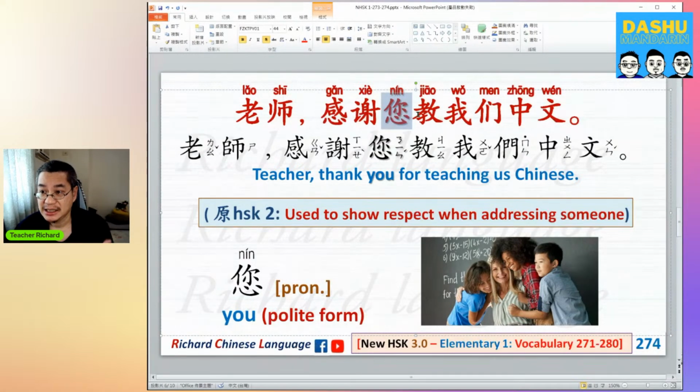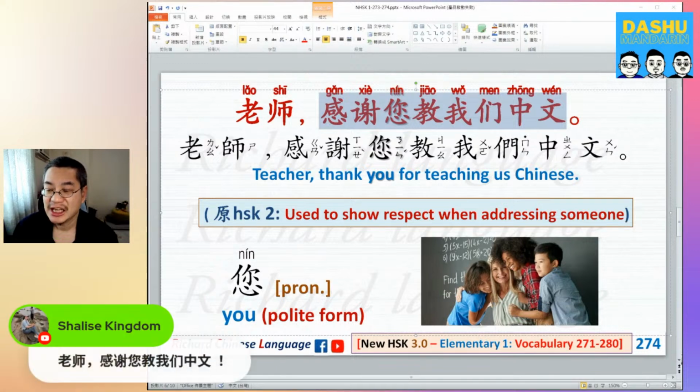When you say this, you really want to express your gratitude for your teacher. So this is a formal occasion, and it's good to use 您 here.